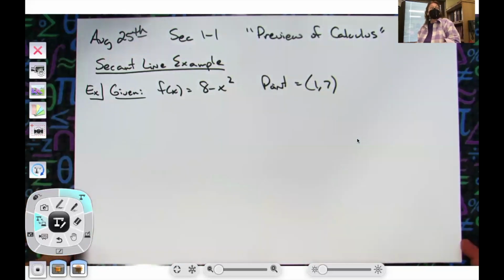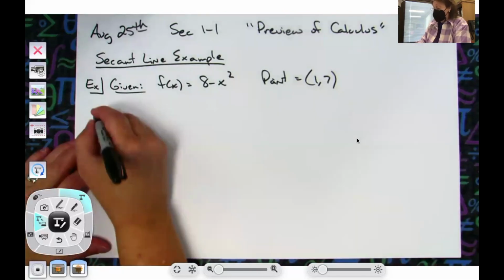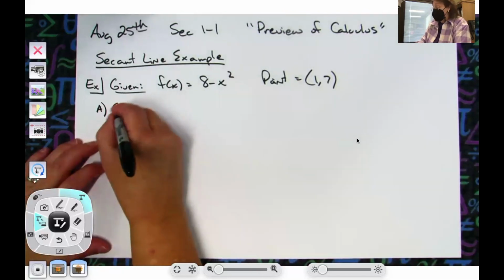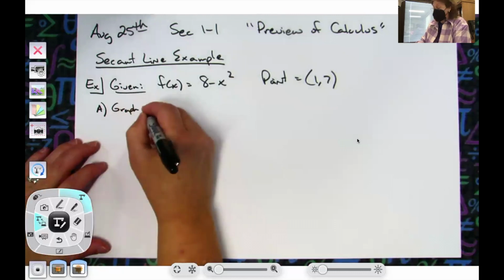I'm going to break this up like in your homework, where you'll do a part A, a part B, and a part C. Part A is going to ask you to graph f of x.